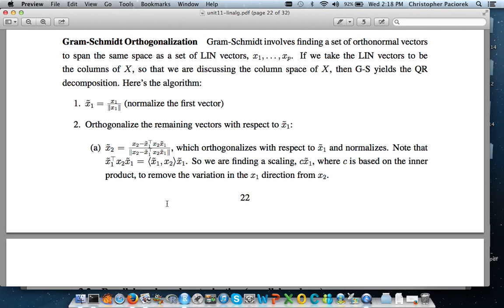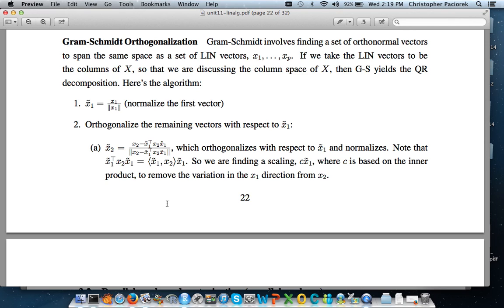And so it makes sense. We can represent the original x1 as just being a coefficient multiplied by the new x1, and we can represent the original x2 as being a weighted combination of the stuff that's in the new x2 direction and the stuff that's in the new x1 direction. So that's just these two coefficients here multiplied by these new, now orthogonal vectors.